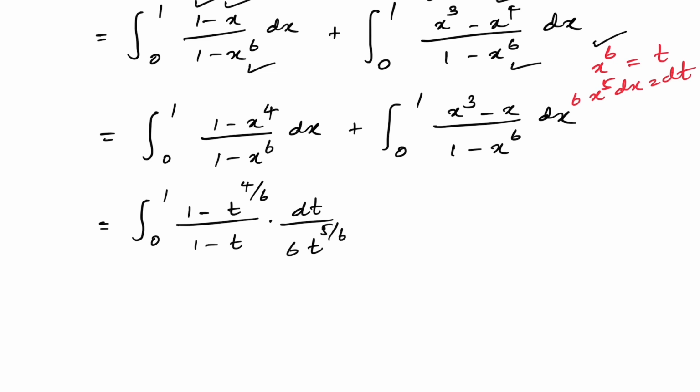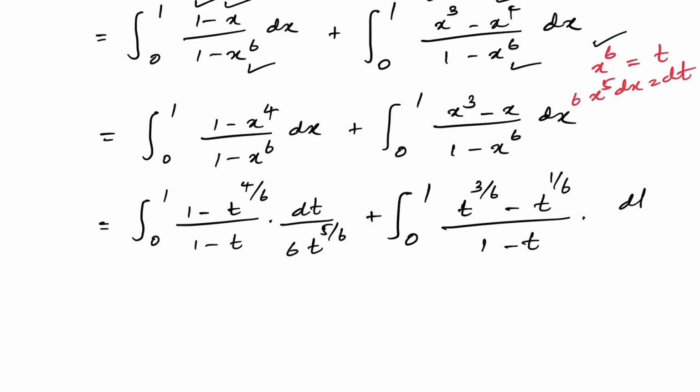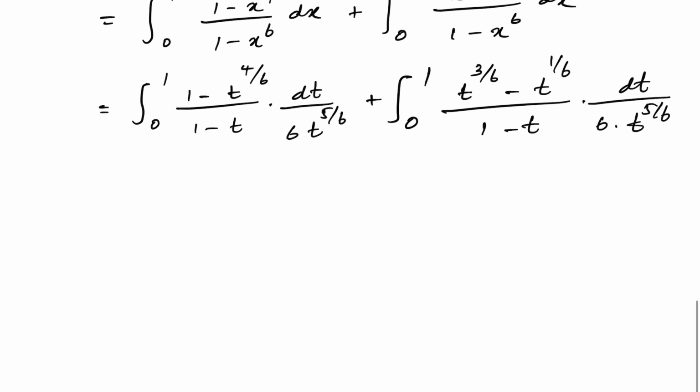Plus, same as here, again 0 to 1, now (t to the 3 over 6 minus t to the 1 over 6) over (1 minus t), and dt over 6 times t to the 5 over 6. Well, now we can simplify. At the same time I'm going to change the variable again because we like to write x.